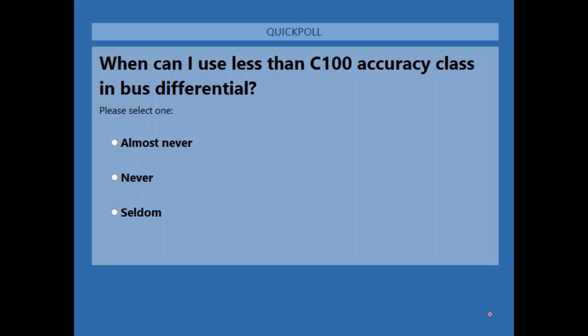And so if I go back to this excitation curve, the knee point is probably about 180 or so. Well, I guess this is still logarithmic. It's probably about 160. So it supports a little bit over that. And so really and truly, I probably want to use at least a C200.